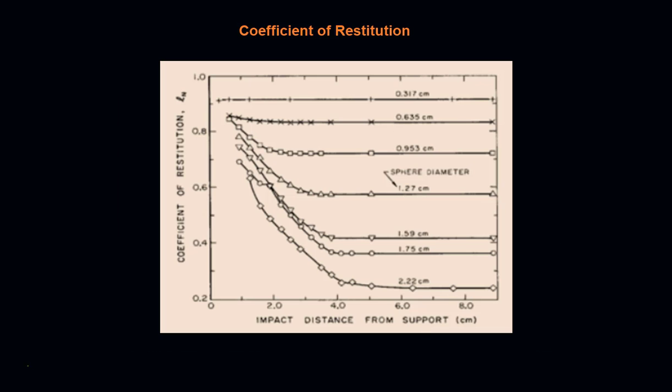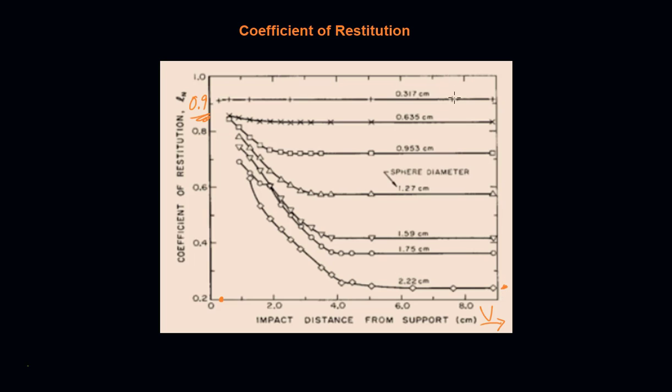Here we have the coefficient of restitution for steel balls impacting a plate, where again we're starting out around 0.9 for very, very low impacts. And as the velocity of the impact increases, we see the coefficient of restitution dropping dramatically in some cases.